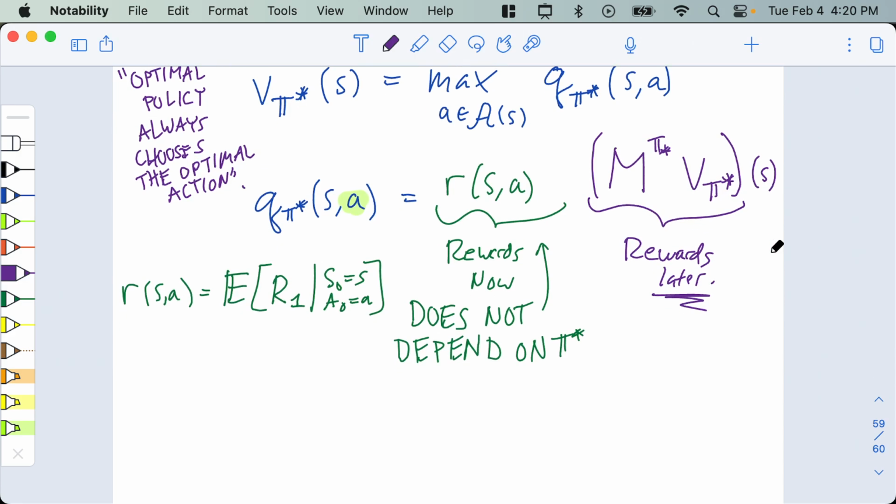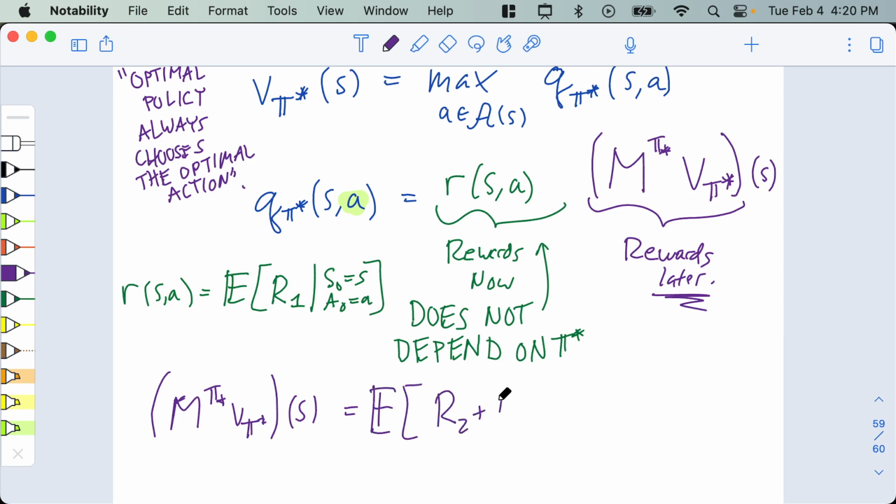So maybe I'll remind you what these things are. Let me write down the whole thing like this: m pi star times v pi star, at the state s, is the expected value of the total returns one time step in the future. So it's the expected value of R2 plus R3 plus dot dot dot, given S0 equals s and following pi star.